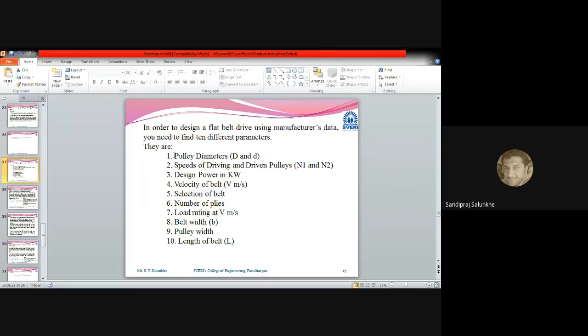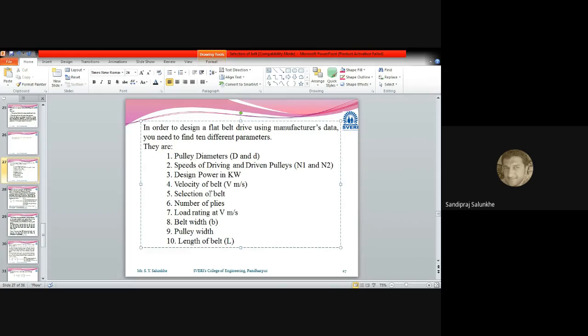these steps are important. The first step is that we have to find out the pulley diameters. Now, these pulley diameters are actually selected from the standard dimensions of the pulleys, and that can be calculated by means of the data which will be provided for solving the particular problem.